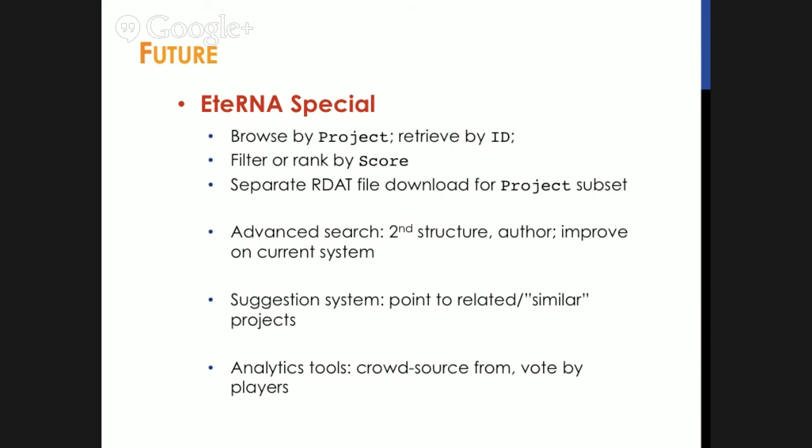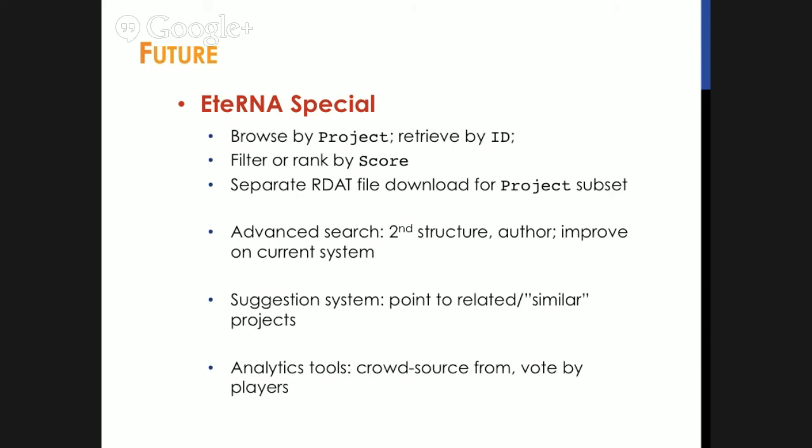Cool. And I think more on the advanced search. Currently we have some search functions based on the secondary structure, for example, junctions. And as Rachel suggested, I'm thinking to add more, like maybe search by author, or even more.